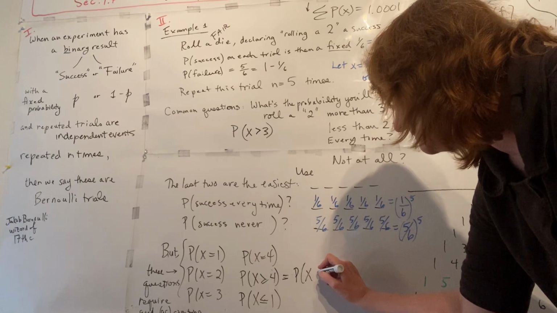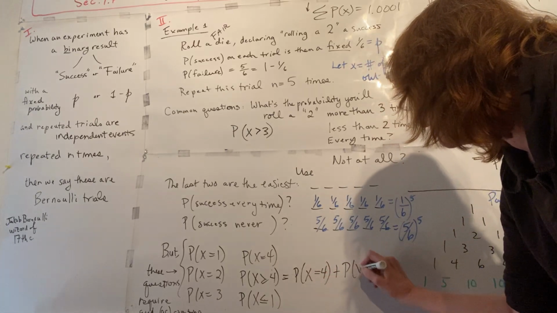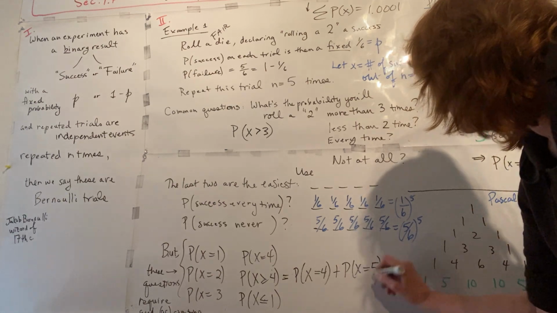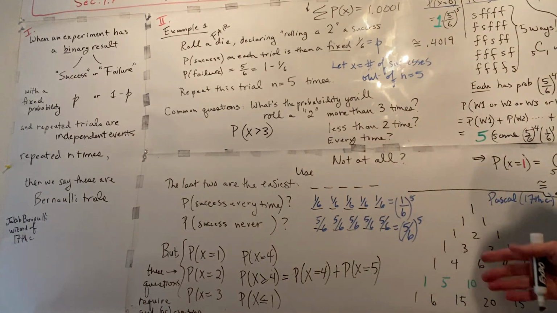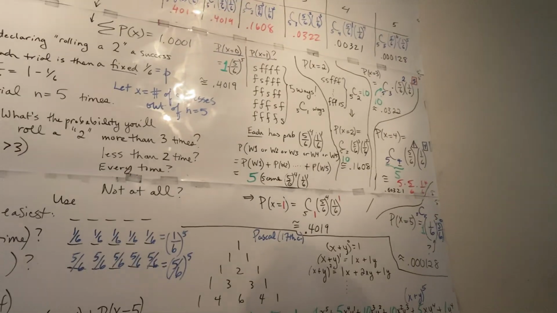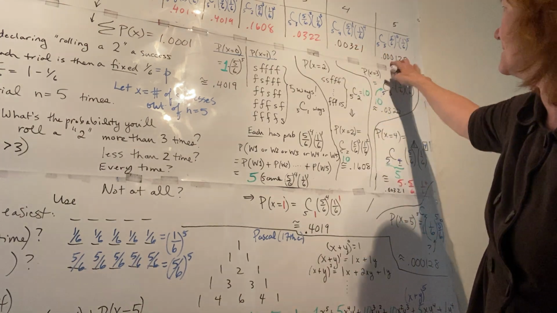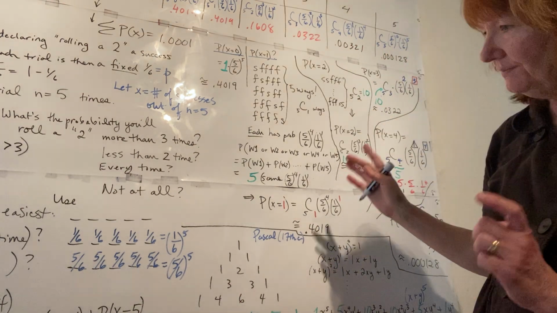Well, that's the same thing as the probability that x is equal to 4 plus the probability that x is equal to 5. So at this point, it looks like we have to calculate each one of those separately and then add those 2 numbers, right? You could, if you had the probability distribution in front of you, just say, okay, that's this plus that, and be done.